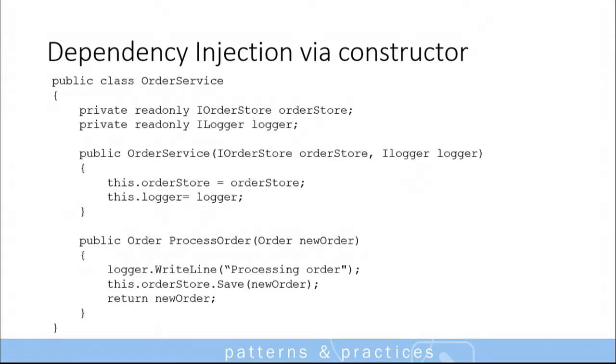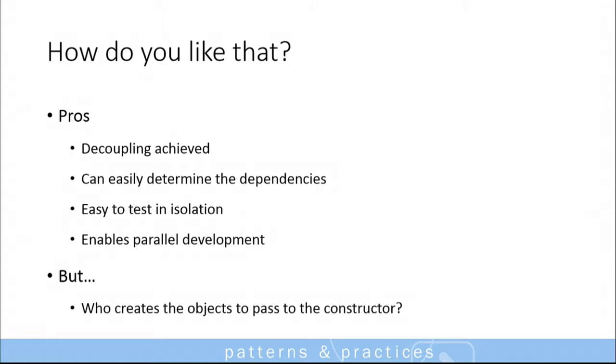Okay. All right. So the advantages again: decoupled. So we're decoupled from the concrete types, but you are coupled to the interfaces. You can easily determine the dependencies based upon that constructor. You can easily test in isolation because you can then pass in mocks or stubs into the constructor at test time. And then you could pass the real running ones at runtime.